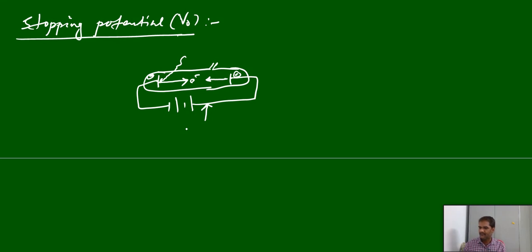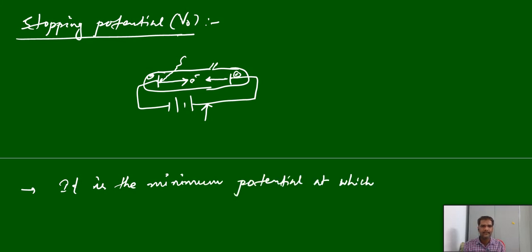You can write the definition for this. Stopping potential is nothing but the minimum potential at which the photoelectric current becomes zero.